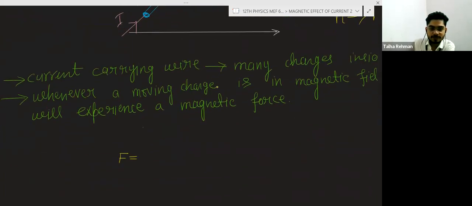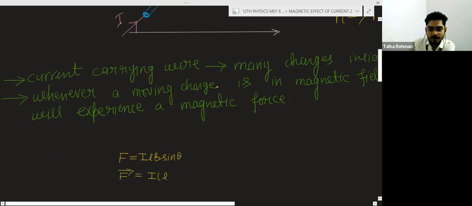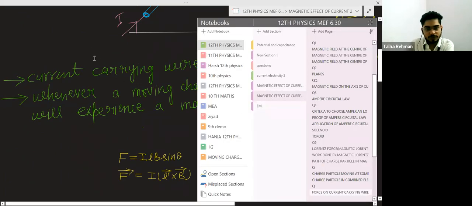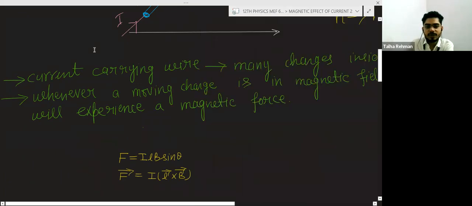Force on the wire is given by I L B sin theta. In vector form, you can write I L vector cross B vector. Okay, so last question.